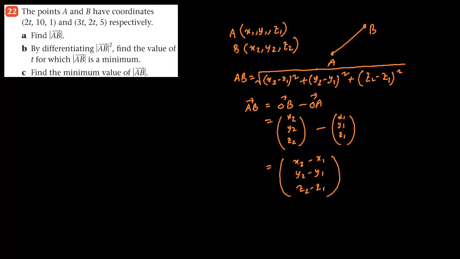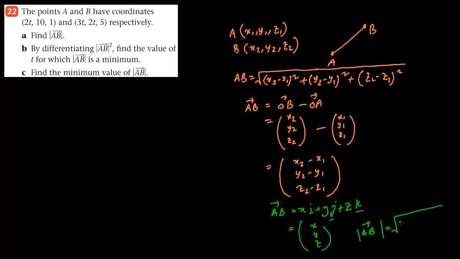In question number A, this particular question is asking to find the modulus of the vector. Now, if you have a vector AB in the format of xi plus yj plus zk, which can be written as column vector format x, y, z, then the modulus of that vector would be the square root of the coefficient of i whole squared, coefficient of j whole squared, and coefficient of k whole squared.